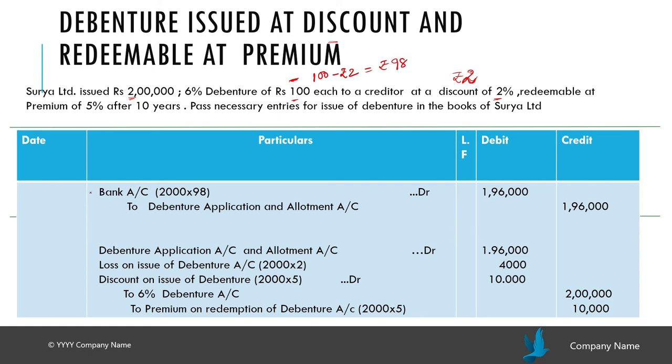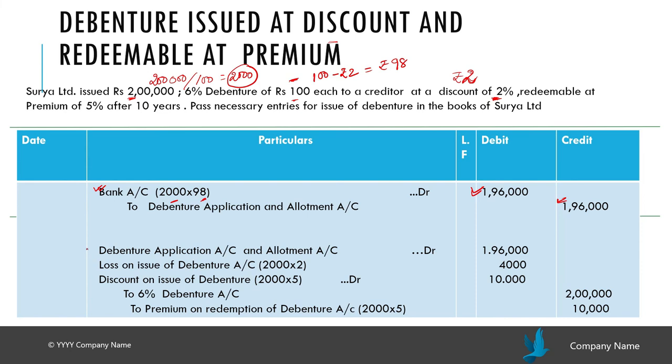So what will we debit the bank account with? 2,000 into rupees 98, because the issued value which is given is 2 lakh divided by 100, that is 2,000, the number of debentures which have been issued. So 2,000 into rupees 98 will come out as 1,96,000. This much money will only be received by the company, because the company has not issued at par but at discount, and the debenture application and allotment account will also be credited with 1,96,000.